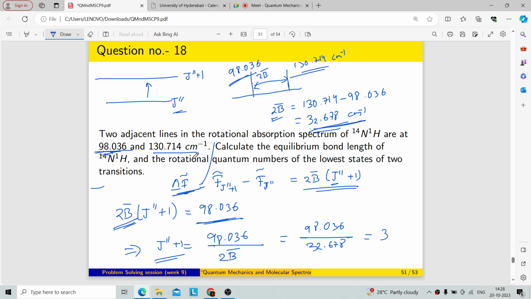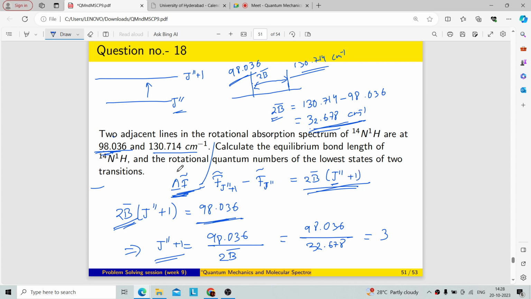Now, bond length we didn't calculate till now. So first we calculated the rotational quantum number from which these two lines are coming. We calculated the energy difference from this transition, which will be equal to this 2 V bar times J double prime plus 1.